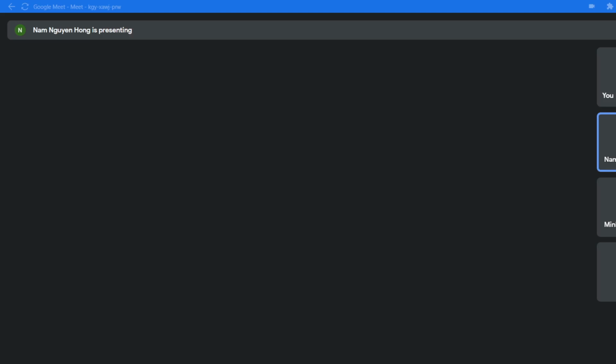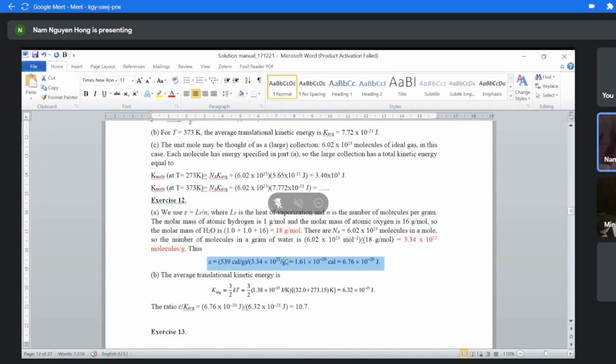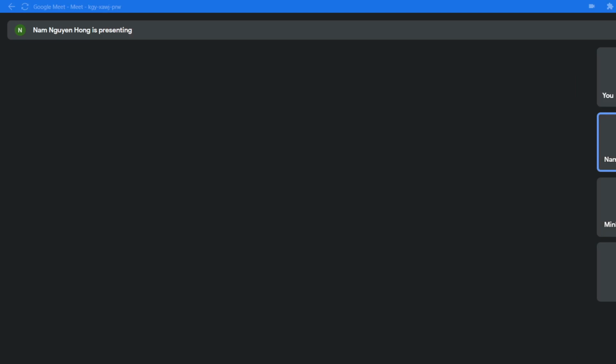Then this is the number of molecules in 1 gram of water. If we have this, we should be able to calculate epsilon, the escaping energy of molecules. The heat of vaporization of water, you can find it online, or in the previous part. So this is epsilon.